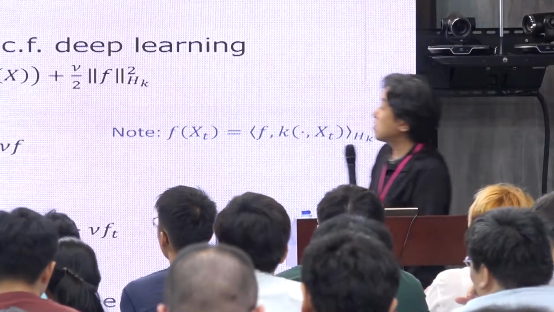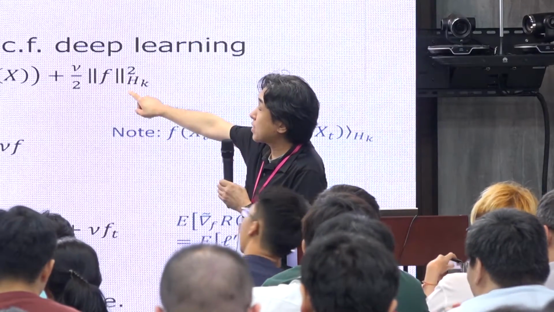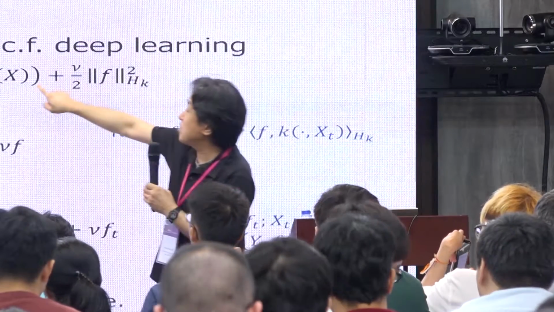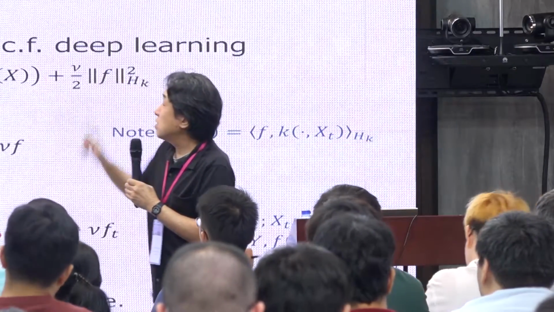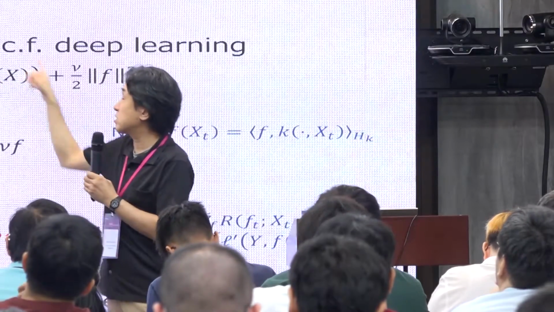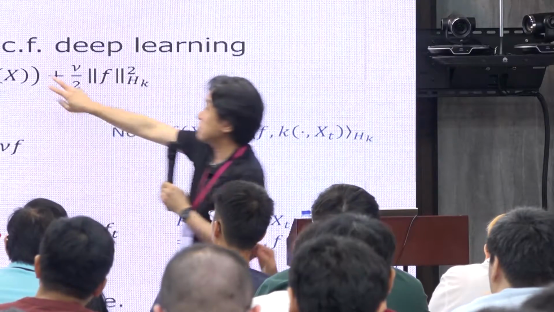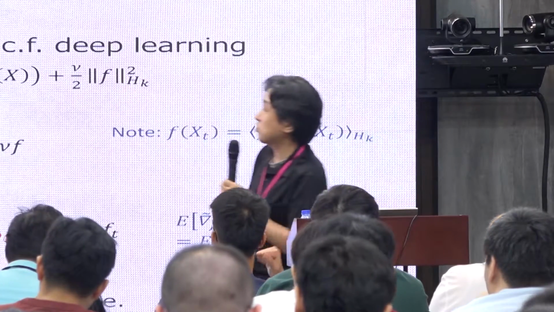So here is a very general form of kernel method. If this part is hinge loss, this is support vector machine, and if this part is least square error, this is kernel ridge regression. We have some loss function plus a regularization term here.